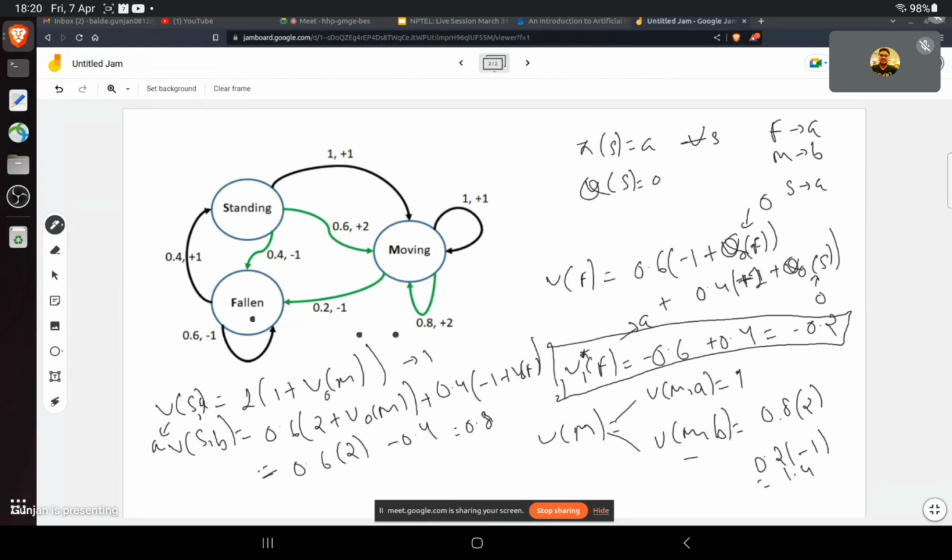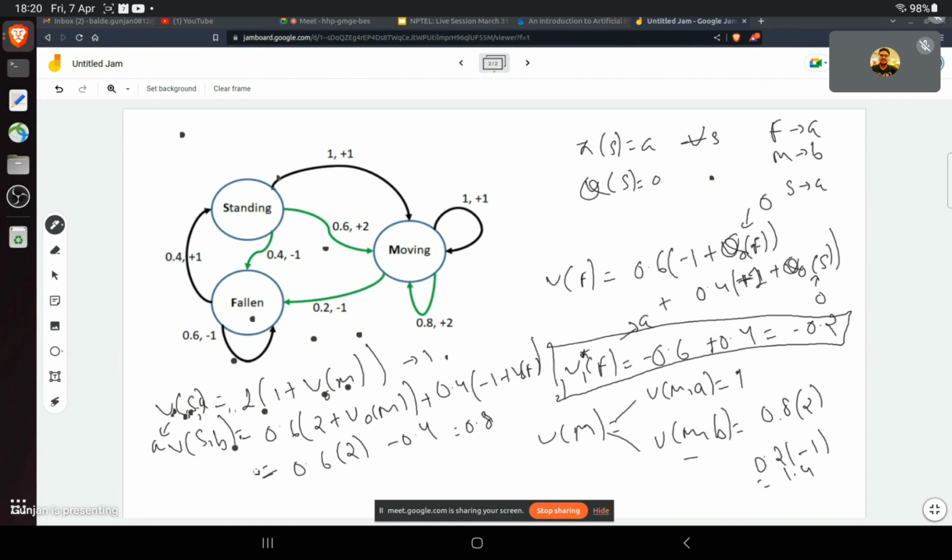If there is only one action, that will be the only thing you can do. For f we have a. Now for s we have two possible options, either action a or action b. So for V of s comma a, it directly takes you to the moving state with the reward of 1, so it is 1 plus V0 of m, that is 1.